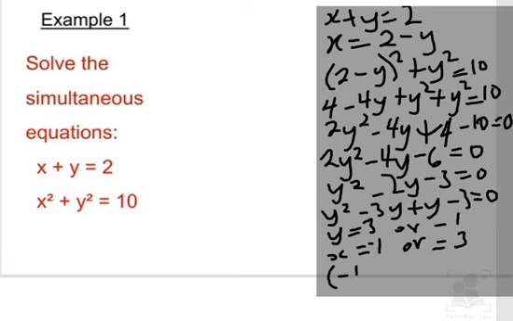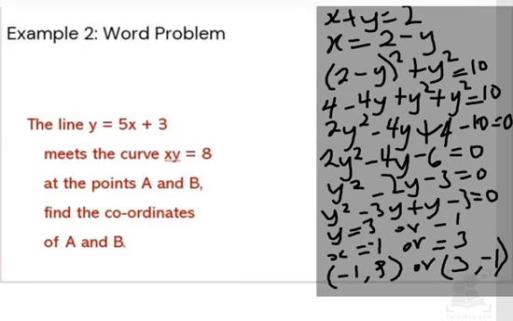I have minus 1, comma 3, or I have 3, comma minus 1. With this, I've come to the end of the solution to example 1. From what we have in these equations, the values of x and y are minus 1 and 3, or 3 and minus 1. So we go to the next example, example 2.